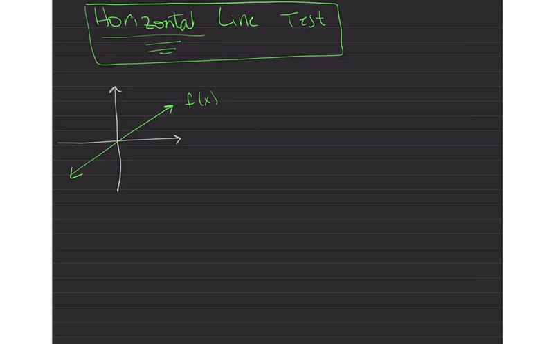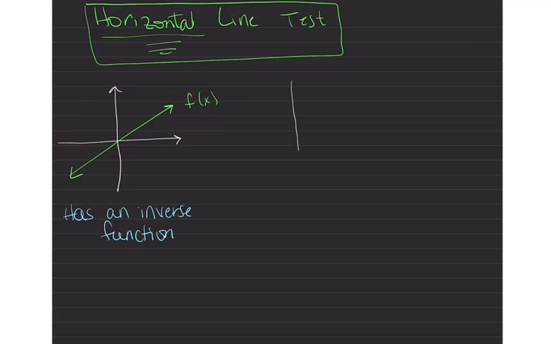And if I want to put the horizontal line test to it, I'm drawing all these horizontal lines, and every time I draw a horizontal line, I'm only crossing it once. So that tells me that this has an inverse function. We know it has an inverse because we can always find the inverse. We're just trying to see if it's a function or not. Okay.